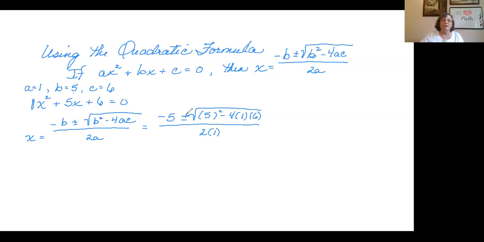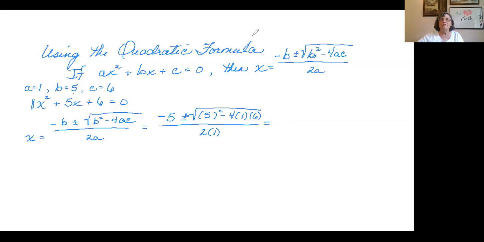Make sure that you get this fraction line extended all the way over so that it's under the minus 5, because it makes a big difference as to whether or not the 5 is in the fraction or beside the fraction.